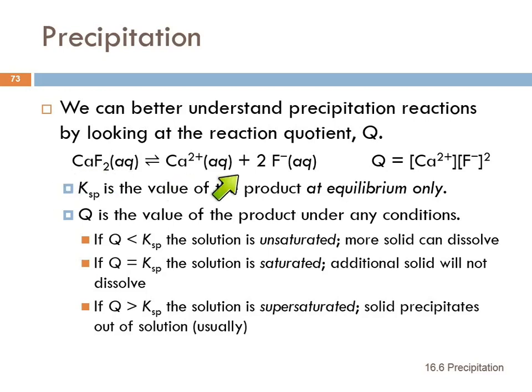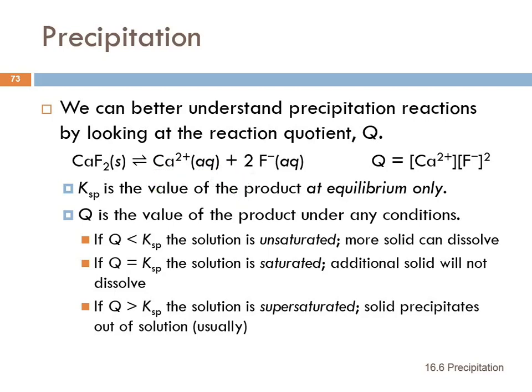So here we have an example that's wrong. Pause. So we're going to look at this generic equation, which I just fixed now. Calcium fluoride solid in equilibrium with calcium ion and fluoride ion.